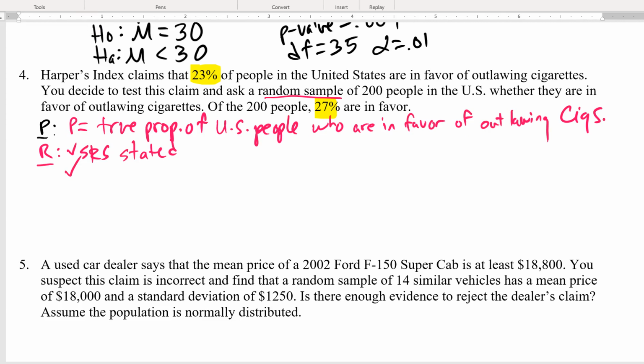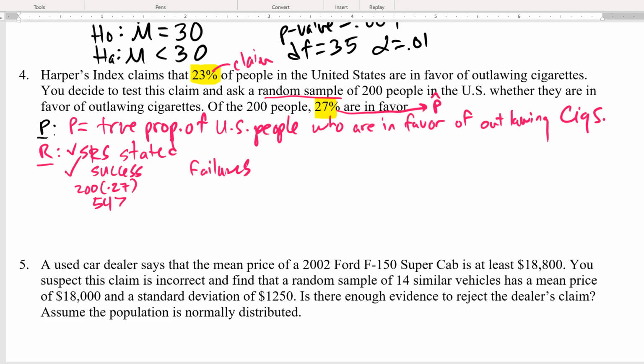So what I need is at least 5 successes and 5 failures. They didn't tell me the successes and the failures, right? This right here is the claim. This right here is the p hat. So what we do is we take n times p hat, 200 times 0.27, should be 54.